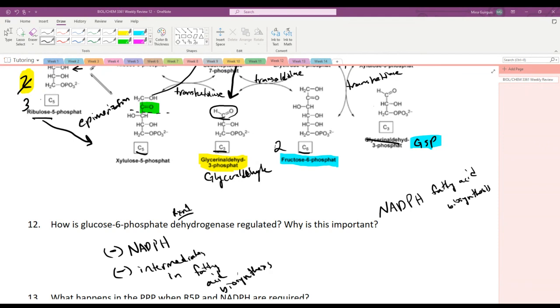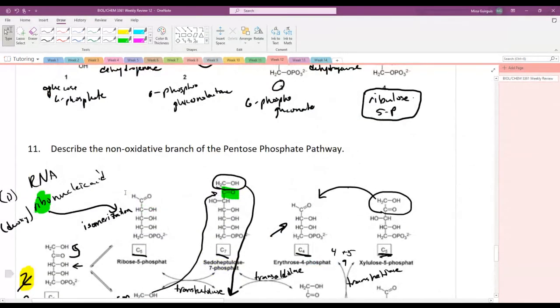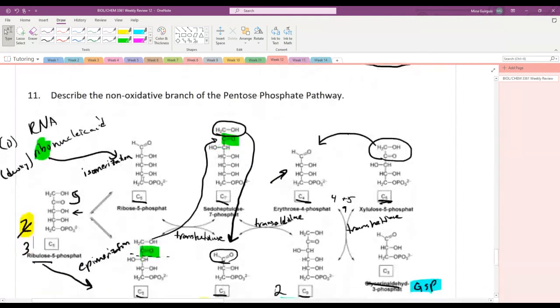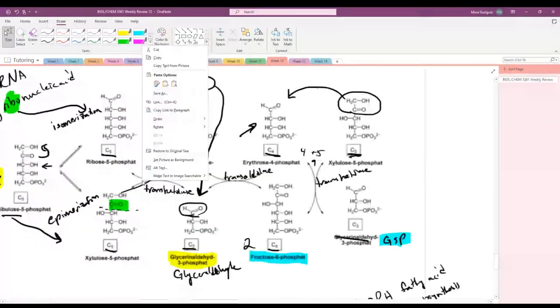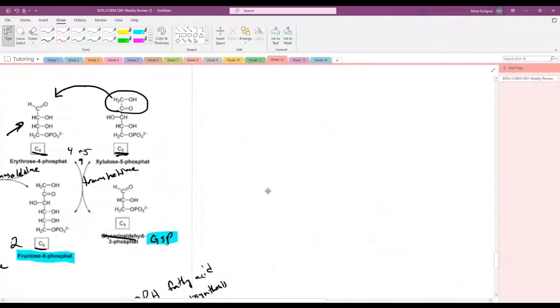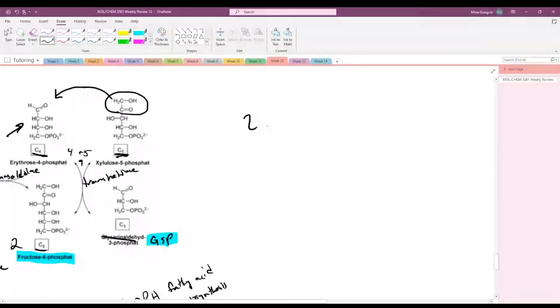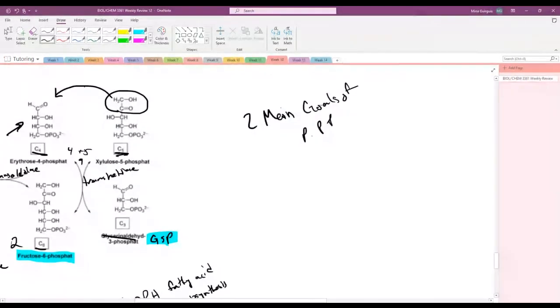But there's another reason for it, and it comes down to what I was talking about with RNA and DNA up here. Ribonucleic acids, deoxyribonucleic acids, need ribose. And this is a great way to get ribose, okay? So the 2 main goals of the pentose phosphate pathway, and I'm going to put an informal third.